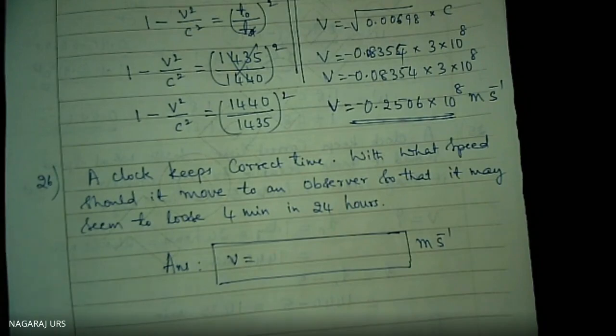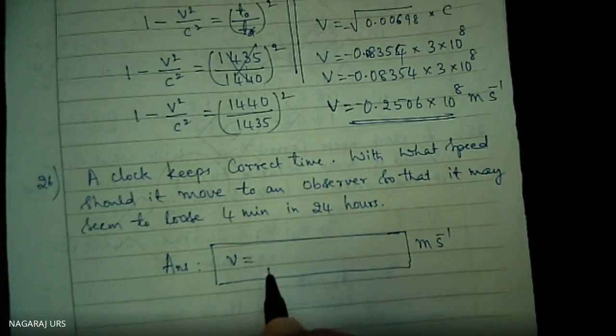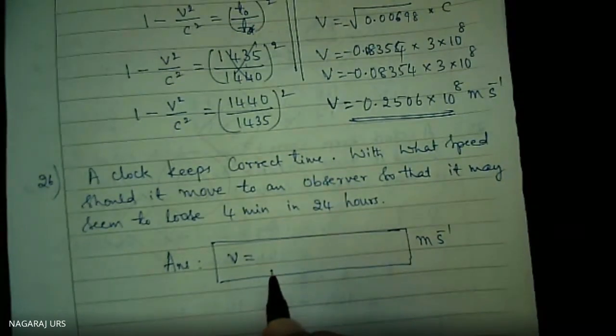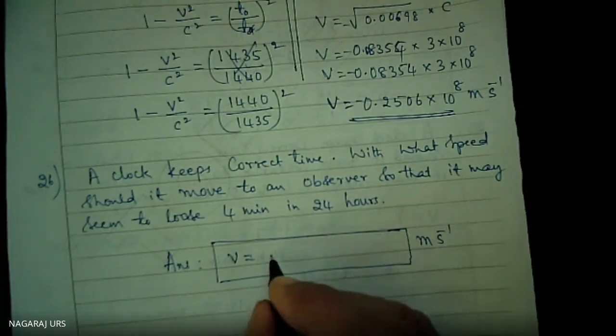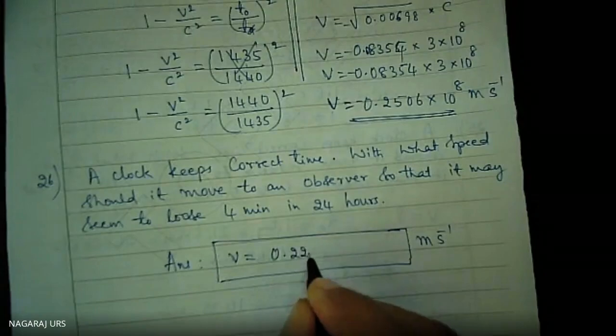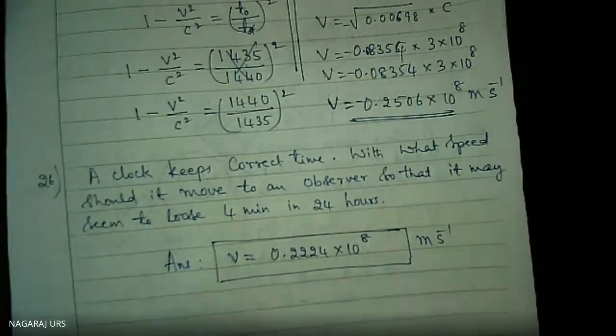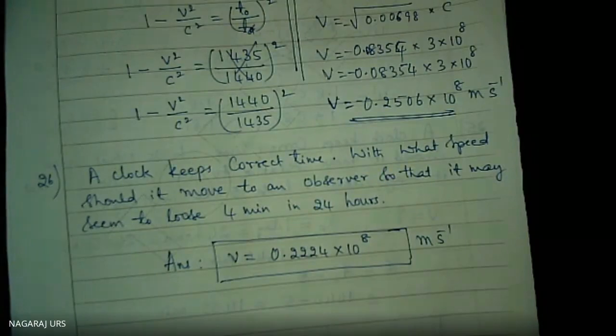Now we can show the answer now. 0.222, something 224, 10 to the power, how much, Rego? 10 to the power 8, sir. 10 to the power 8. 222 we are getting, I think it's so. See that? Sir, 0.22410.